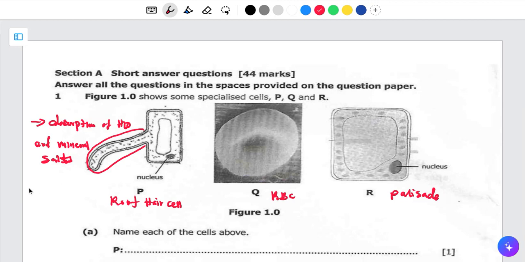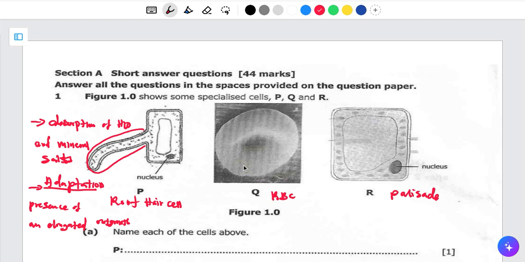Remember, when I say adaptation, you're looking at the structures which this cell has for it to perform the function that it is performing. So we are saying presence of an elongated outgrowth.